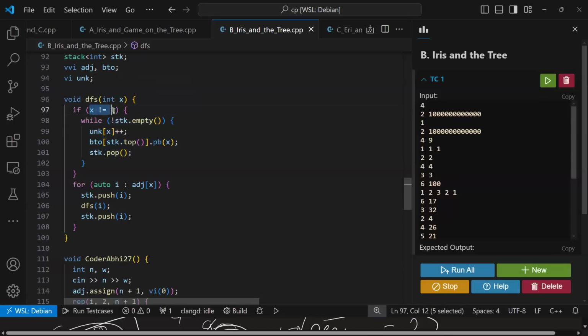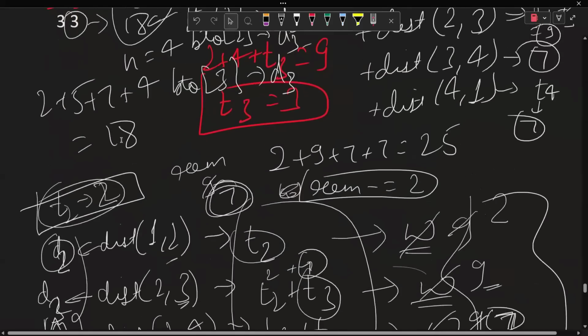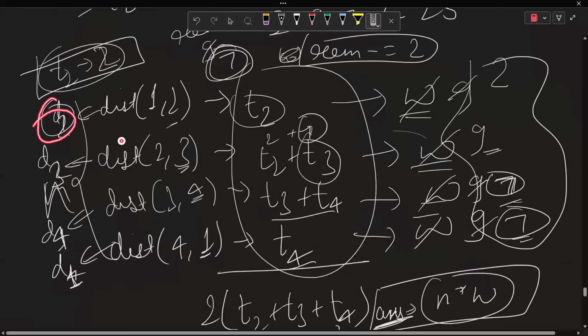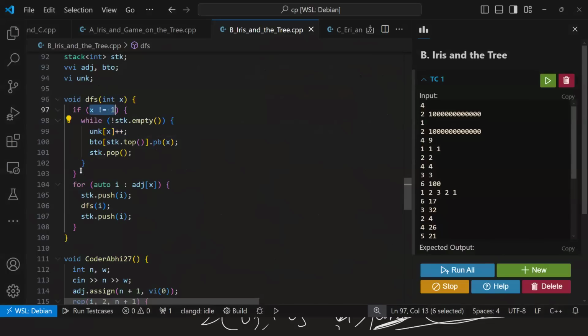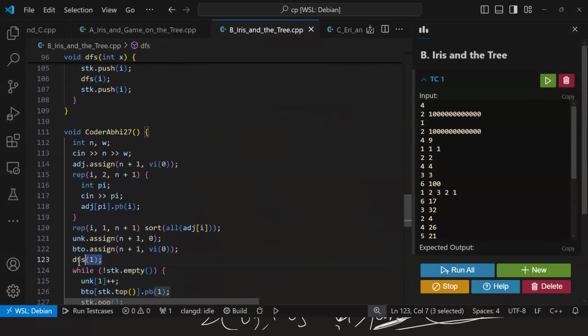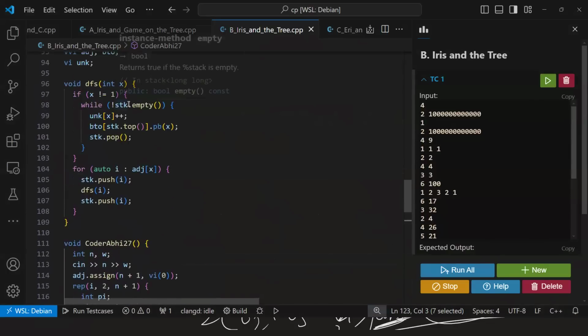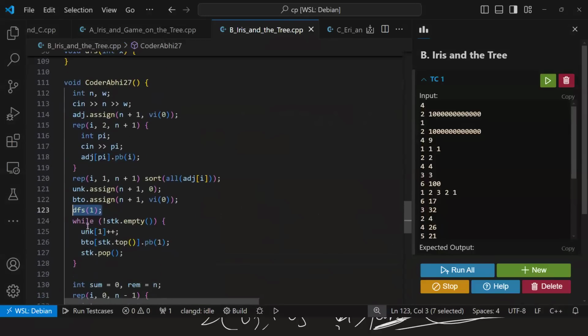Now why did I do X not equal to 1? Because for 1, like here, I would fill up D2, D3, D4. But D1 would be filled up when I have traversed till 4 and I'm backtracking to 1. So initially when I call DFS, it would be called for 1, and there I would not store D1, but I would store it afterwards when I have finally backtracked through the whole tree.